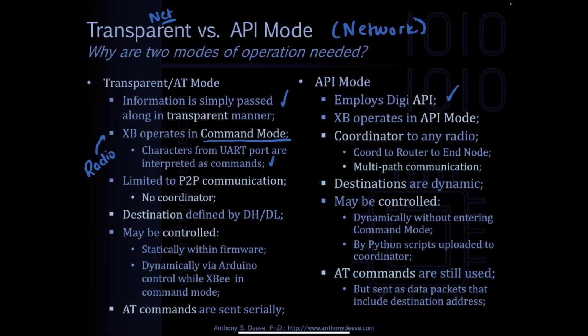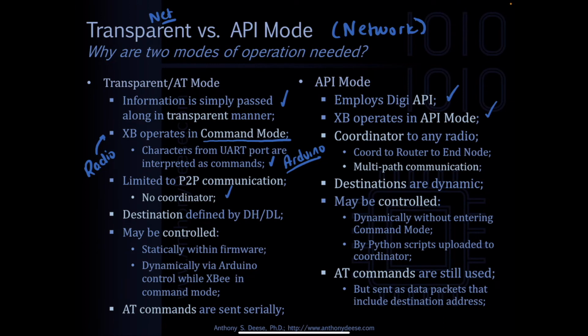And we will specifically be using this mode when we talk about interfacing the XBee with the Arduino. When in API mode, as a network, the radio is simply operating in what's called API mode as well. Now, transparent / AT mode, I'm just going to call it AT mode from this point forward. In AT mode, we have the ability to achieve limited point-to-point communication, meaning that there's no coordinator for our network.